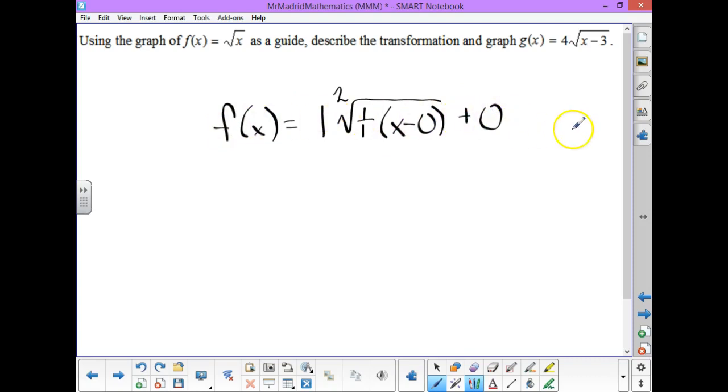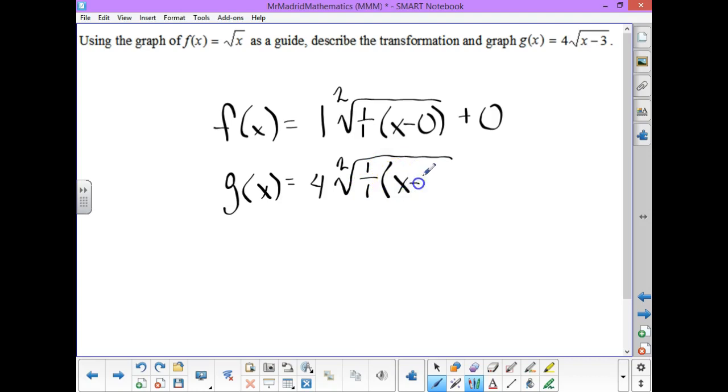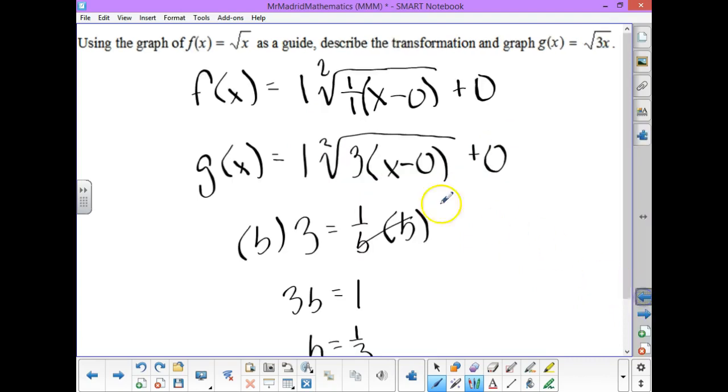Standard form. How does g of x compare? Well, I already noticed there's a difference there. That's the same, this guy's the same, so b is not going to be a concern. I do notice that I have an x minus 3, so that will have to be addressed, and out here there's nothing.